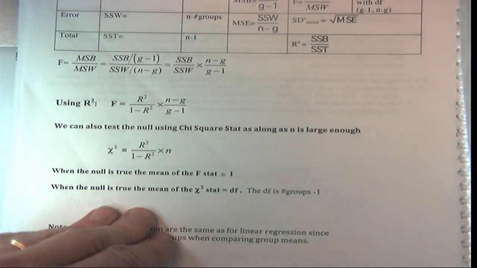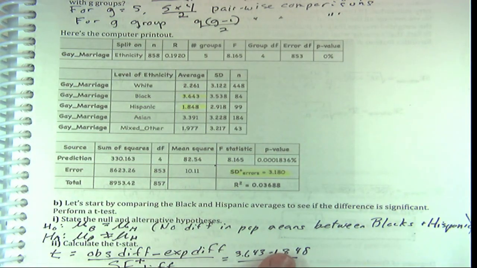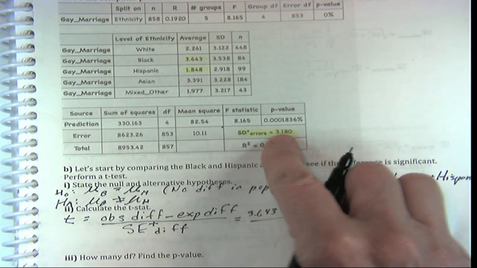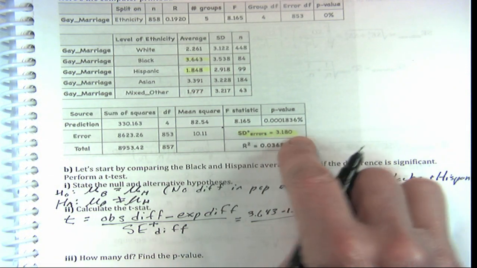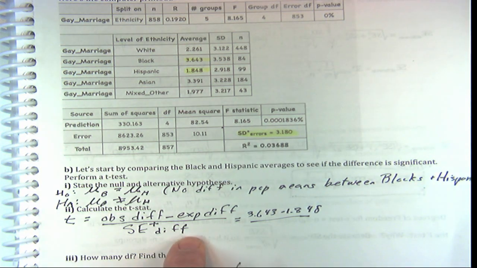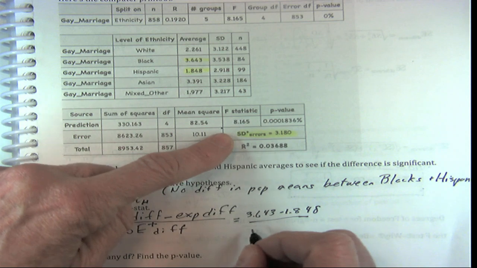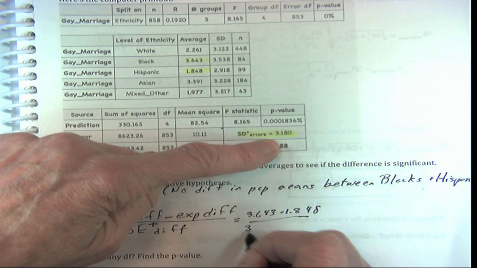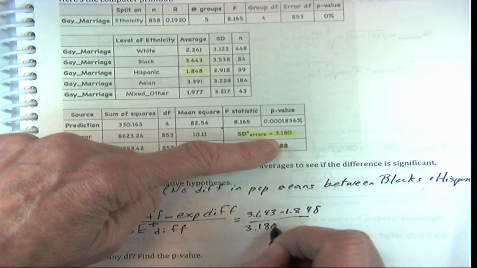So let's go back and do it then. So here we are. That's our numerator right here, and you're always going to be given that. So let's remember the standard error for the difference is just going to be the standard deviation of these right here, 3.180.